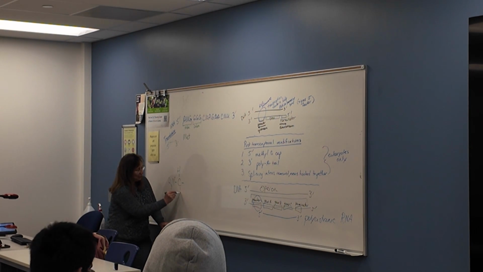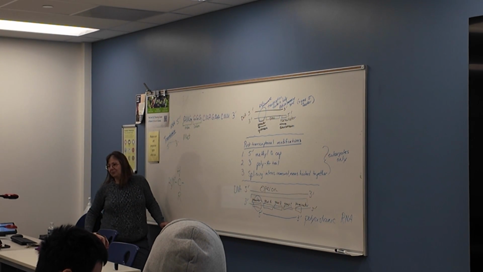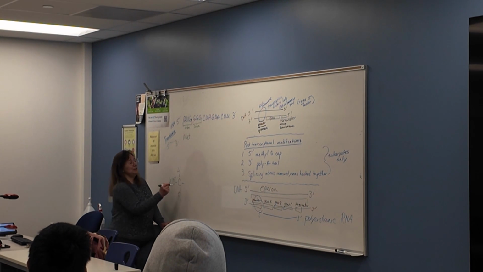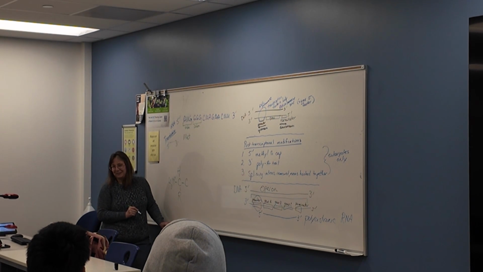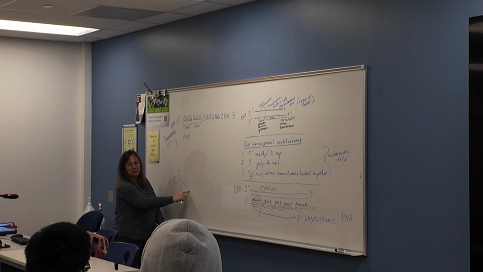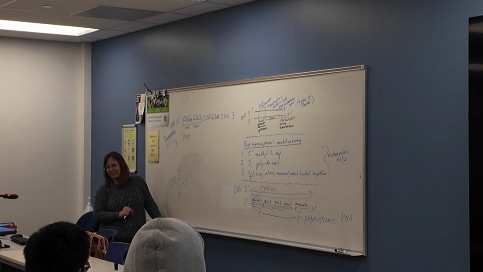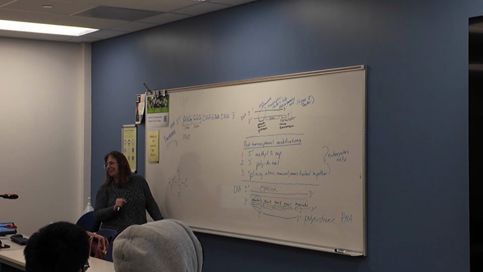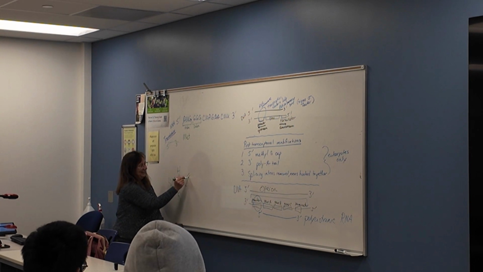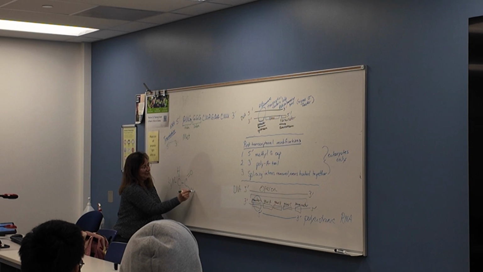So this is what makes them all different. There is another carbon. It's part of a group. So this is the amino part. What's the acid part? Carboxyl. Yeah, carboxyl.